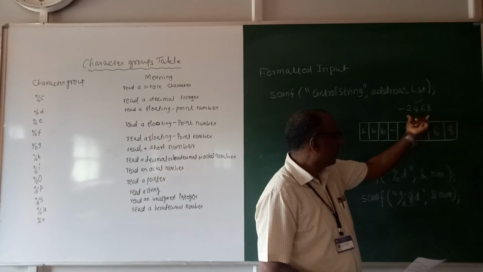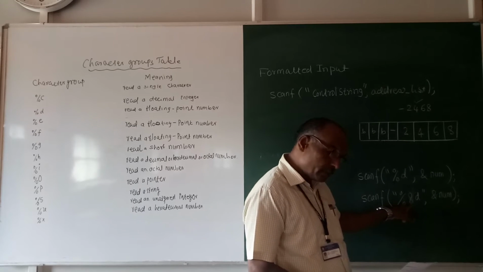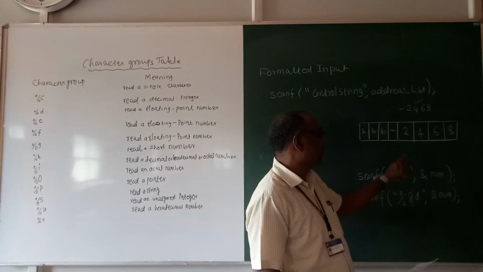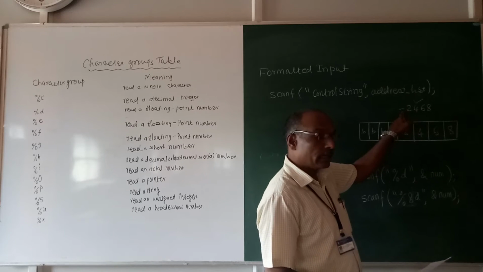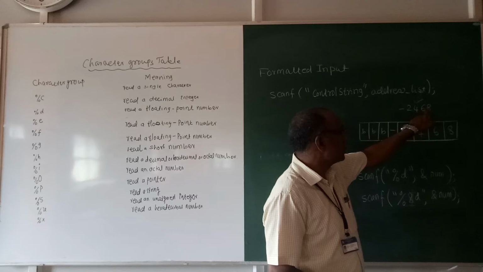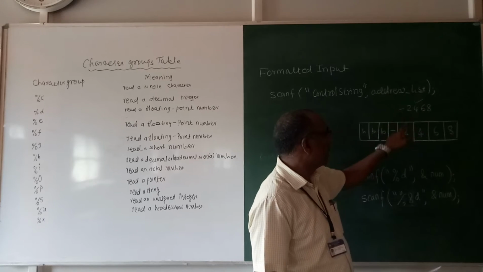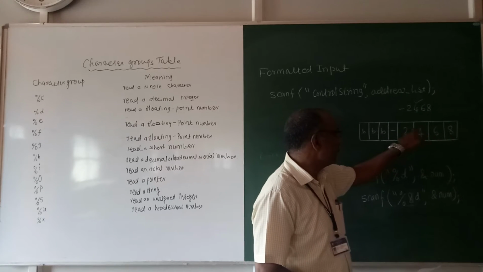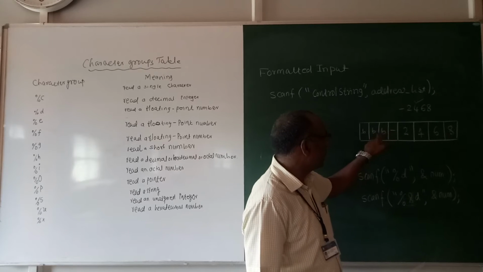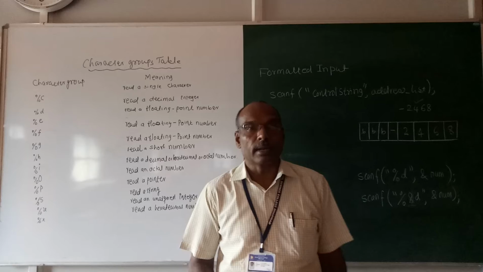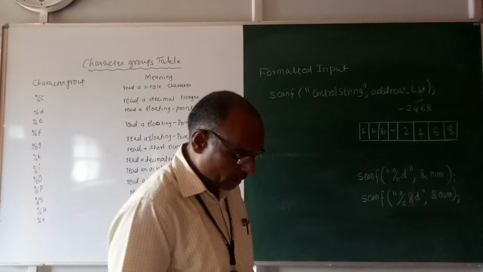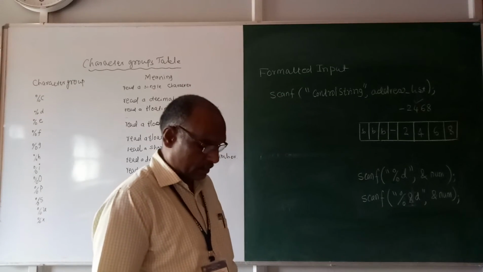I have given a field width of 8, including the sign, since it is a negative integer. So that is 1, 2, 3, 4, 5 and the remaining will be blank. The user should write this.